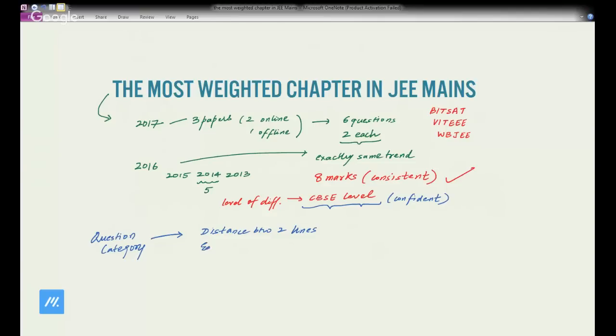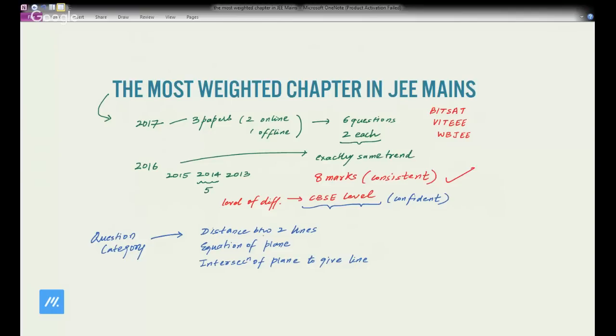Then equation of plane in various formats, and intersection of planes to give lines, or you can say the symmetrical form of a line also. So these concepts generally do get repeated.